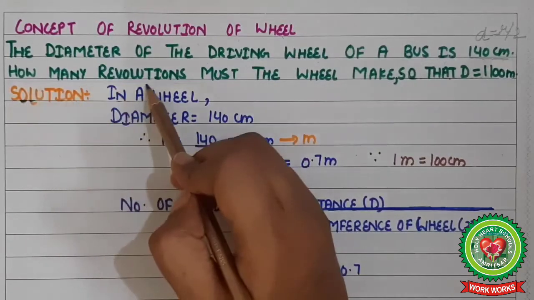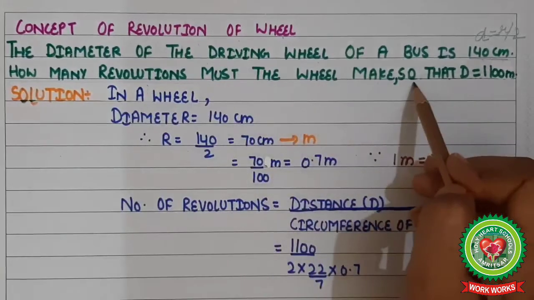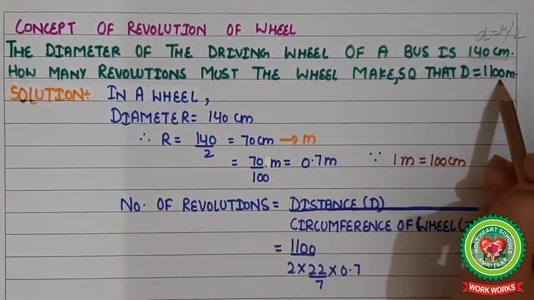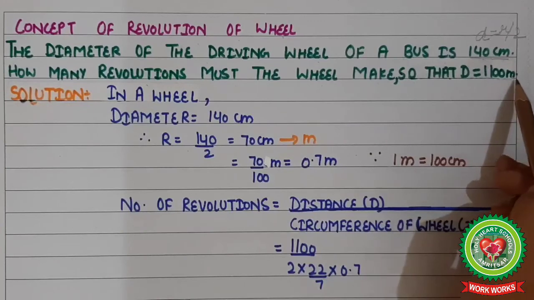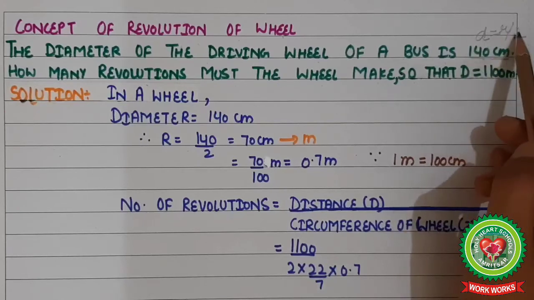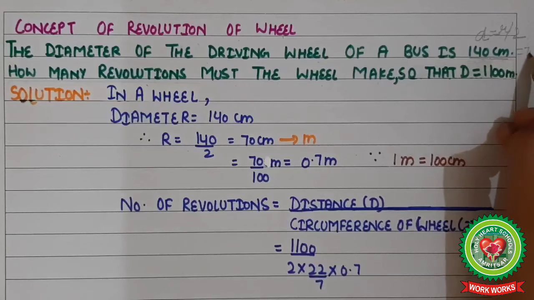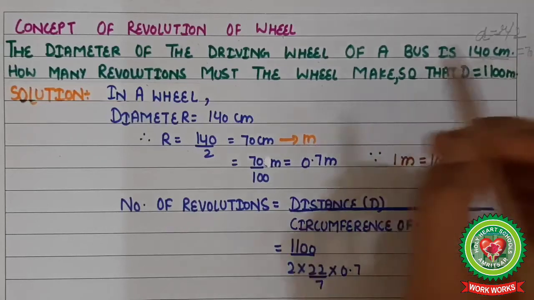Next line is, how many revolutions must the wheel make so that distance is equals to 1100 meter. So children, here radius is half of the diameter, so radius will become 70 centimeter.